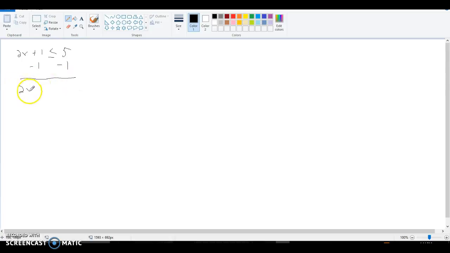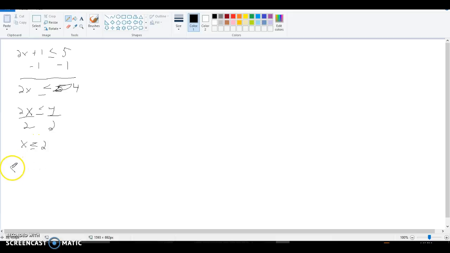And we'll have 2x is less than or equal to 4. We'll divide both sides by 2. And we get x is less than or equal to 2.